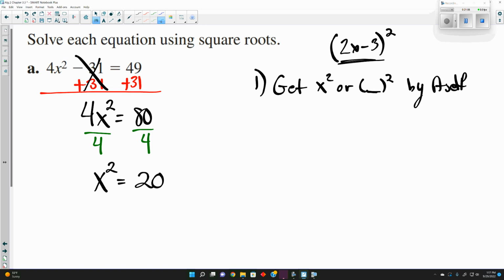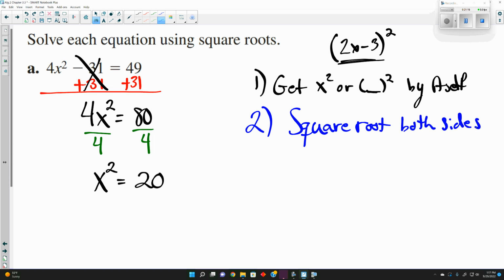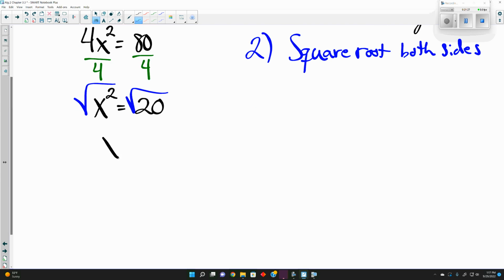Square root. Because that's why it's called square root method. We square root both sides. Yes. Because the square root of x squared is x is equal to.